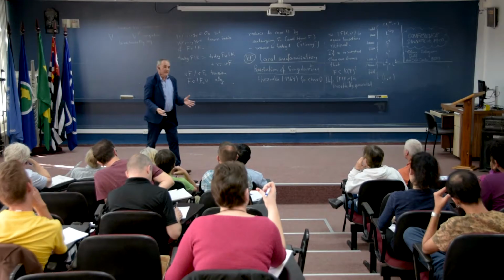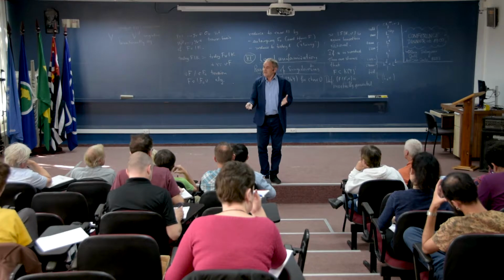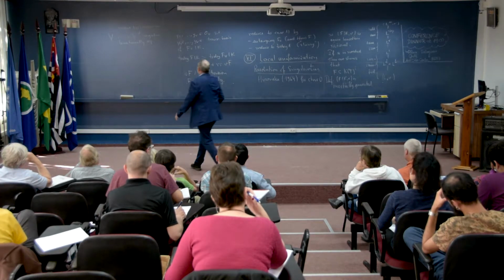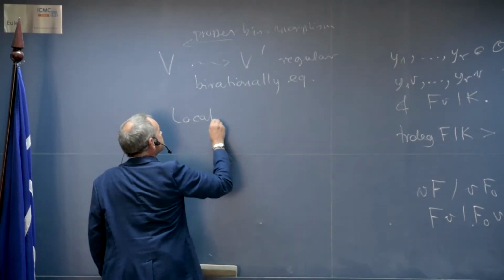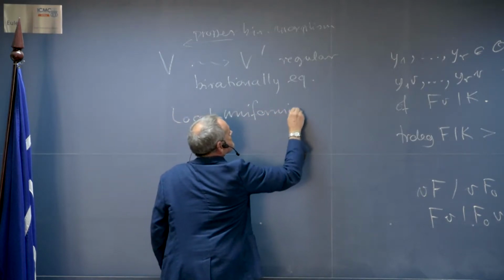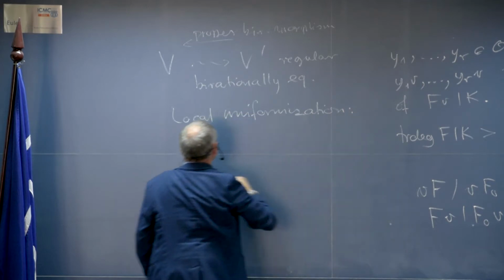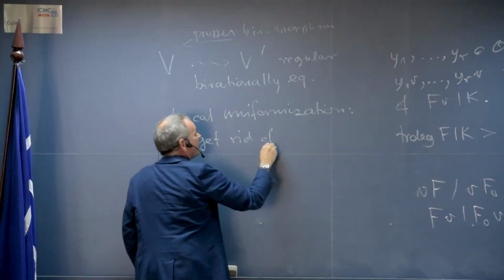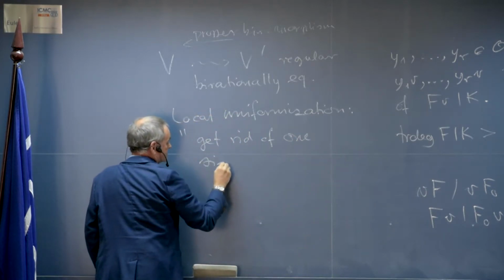So if we are too dumb to solve a problem globally, we at least try to solve it locally. So local uniformization means something like get rid of one singularity at a time.